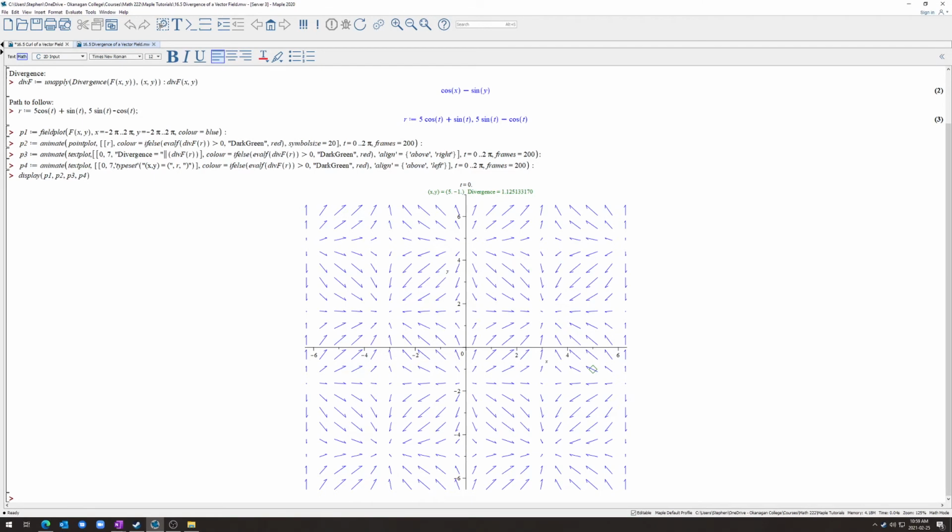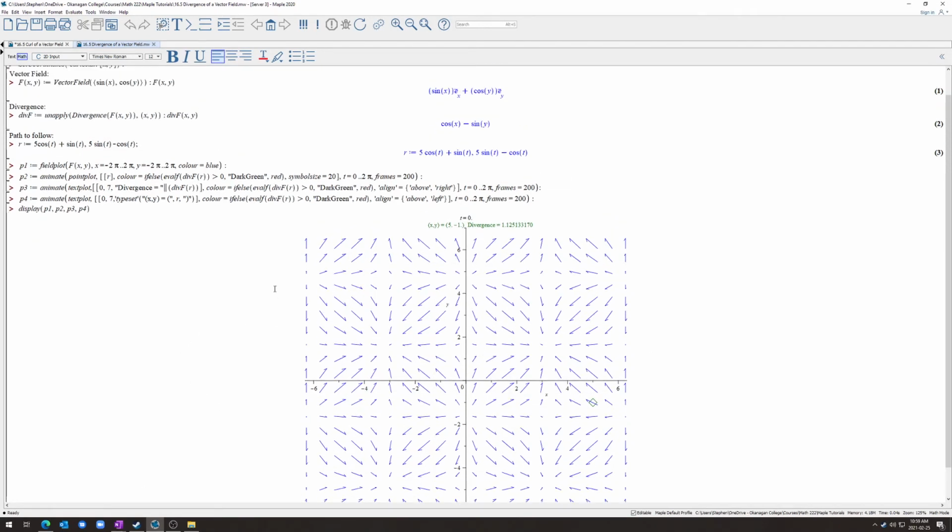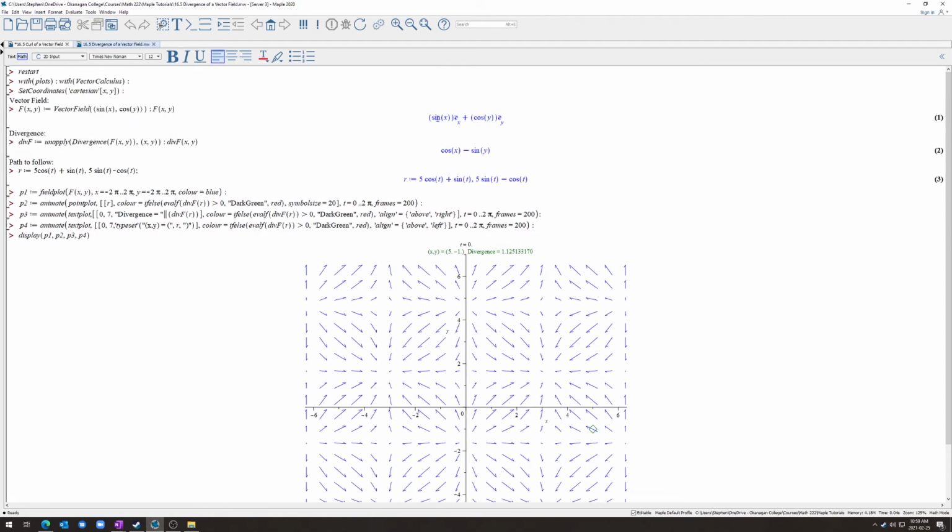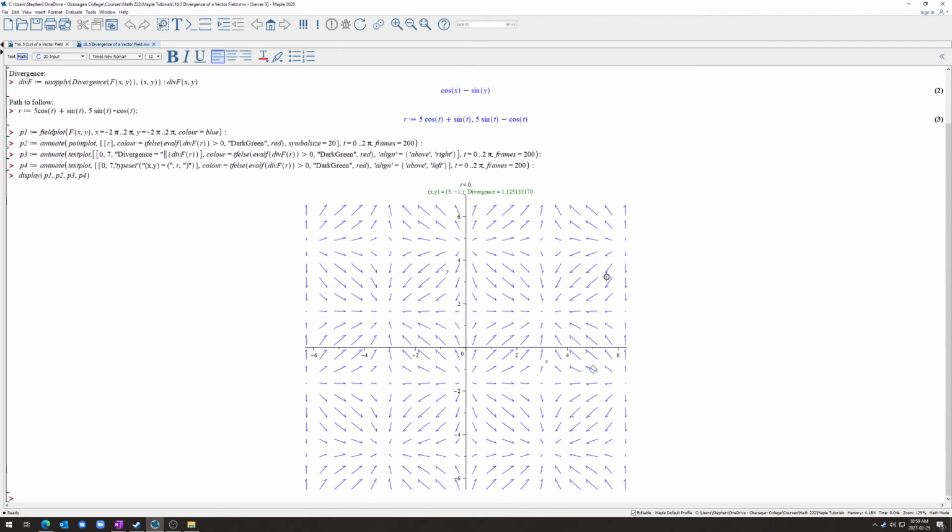So here in Maple, you can see I have quite an interesting looking vector field. Scrolling up here, this is the vector field sine x comma cosine y. So you can see as I travel through the xy plane here, I have areas where it looks like fluid is flowing in and out, maybe at the same rate. If I have my mouse here, you can see I have fluid flowing in from the left, flowing in from the right, flowing out, going up, and flowing out, going down.